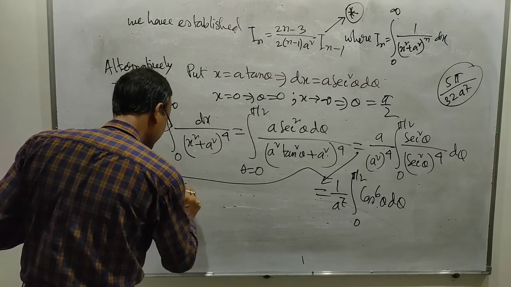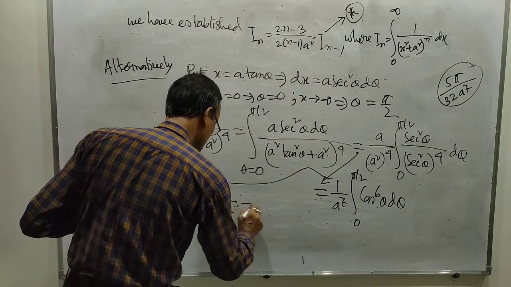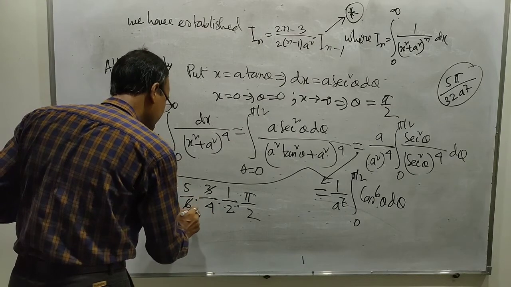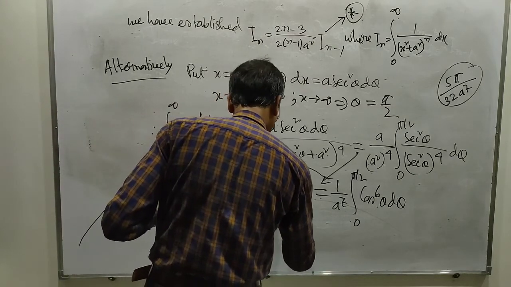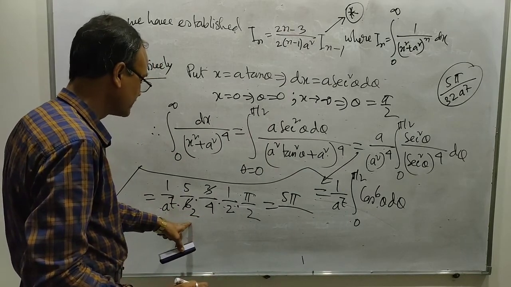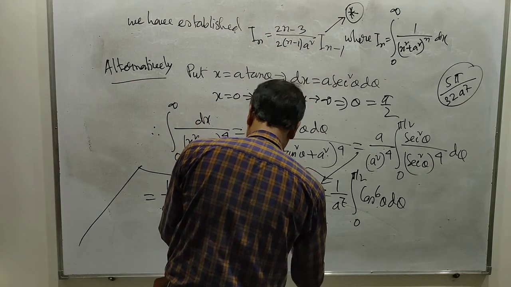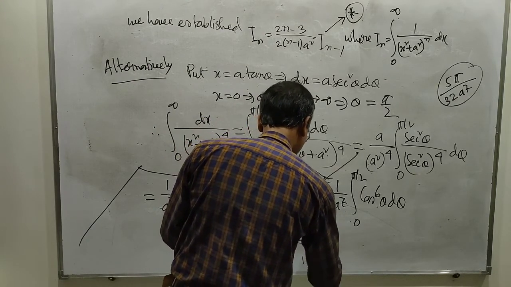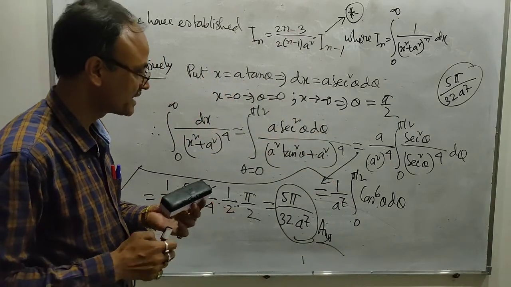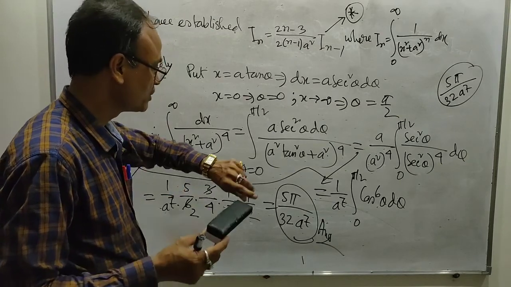This is equal to 5 by 6 into 3 by 4 into 1 by 2 into pi by 2. This is equal to, in the numerator 5 pi, denominator 4 into 2, 8 into 2, 16 into 2, 32, a to the power 7, the same result. 5 pi divided by 32 a to the power 7.